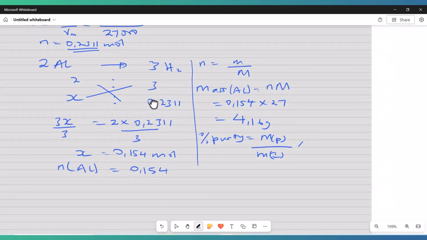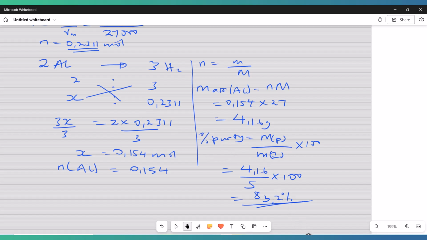So let us substitute: 4.16 divided by 5 times 100. Calculate what you get there. On my calc here, I'm getting 83.2%. I hope we are together.